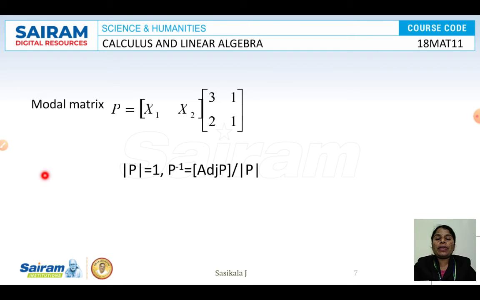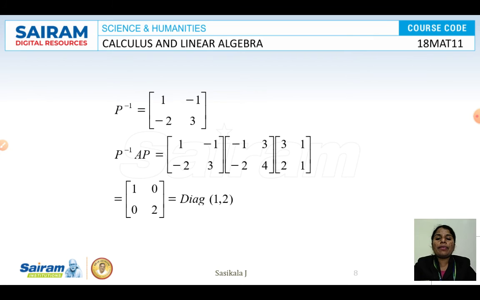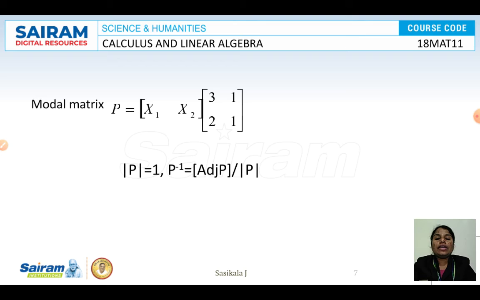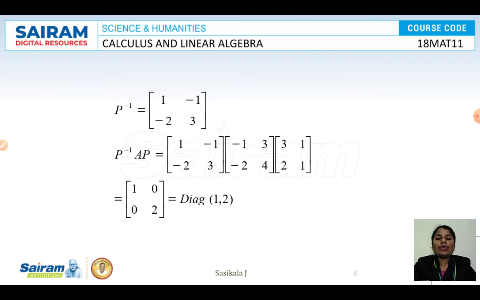For the adjoint of P, interchange the 3 and 1 positions, and change the sign of the other two entries, to get your 2 cross 2 matrix inverse. So P inverse will be 1, minus 1, minus 2, 3.